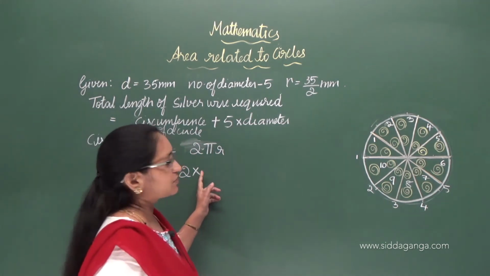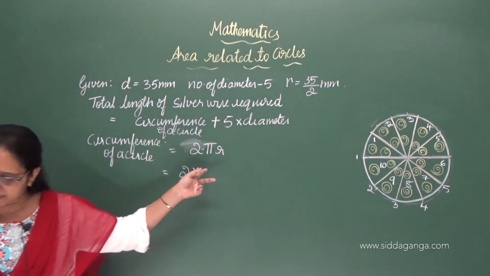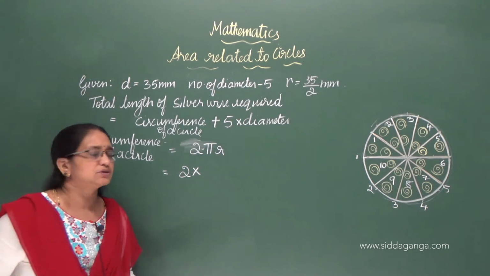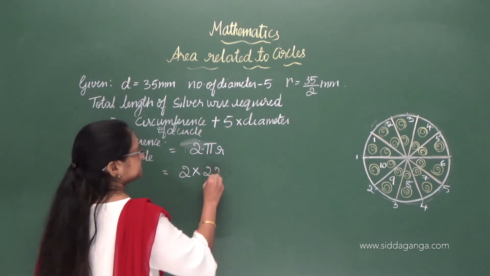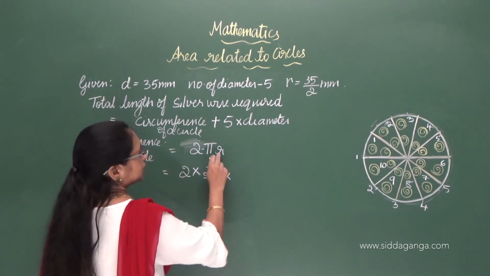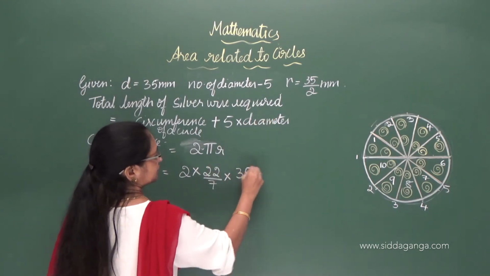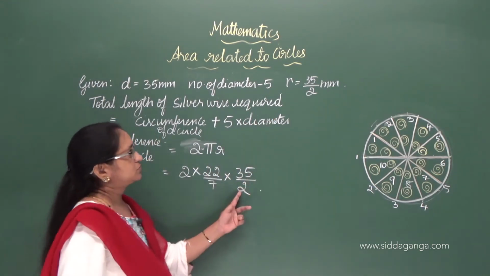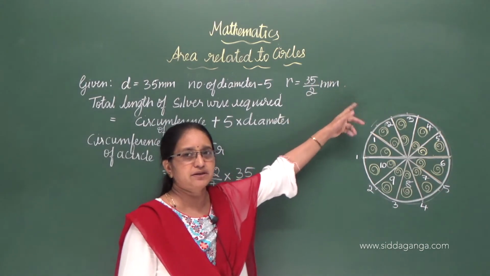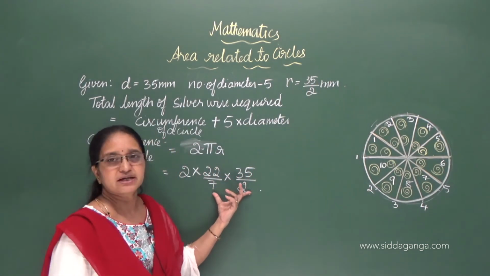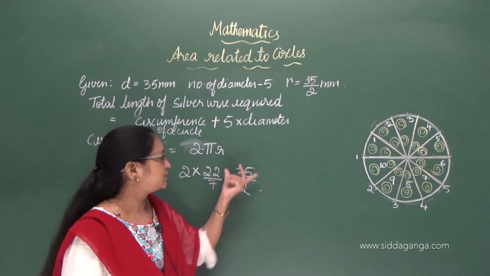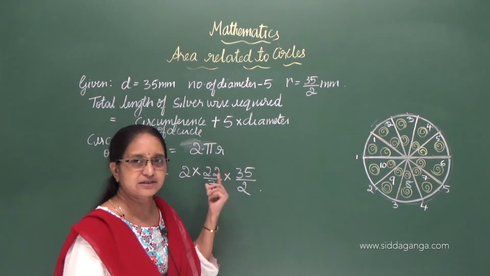See here, if they have not mentioned, you can use 22 by 7. Here they have not mentioned, so you can use 22 by 7 into r. I am going to put 35 by 2. I hope you understood why I didn't take a decimal here, because it will be easy for us to cancel. So wherever possible, try to simplify your calculation.